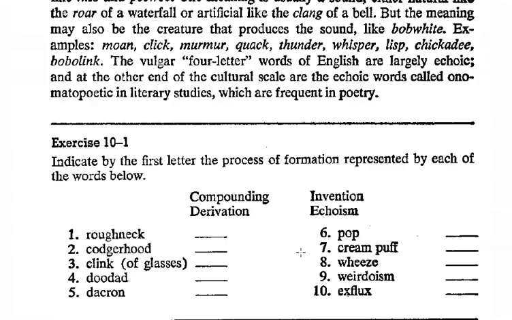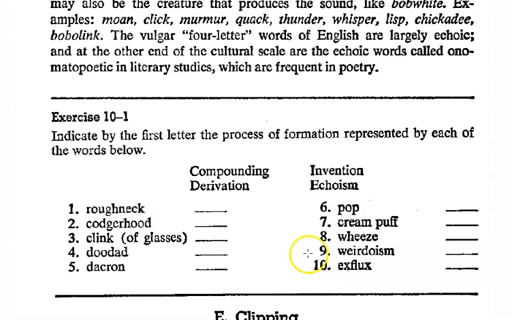Now, let's have a quick look at this exercise and try to decide which process we have. Of course, I told you we have compounding, invention, echoism, derivation, and we added inflection.